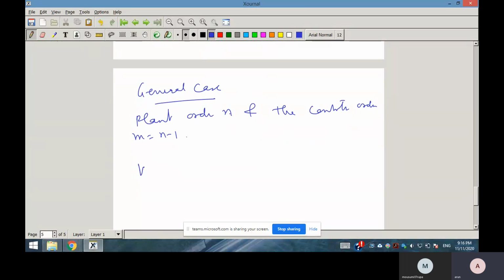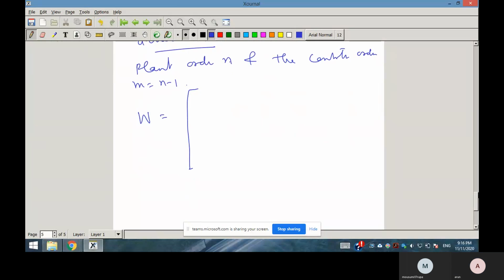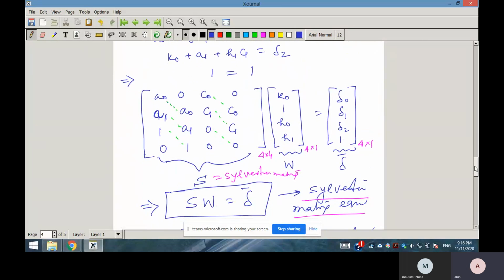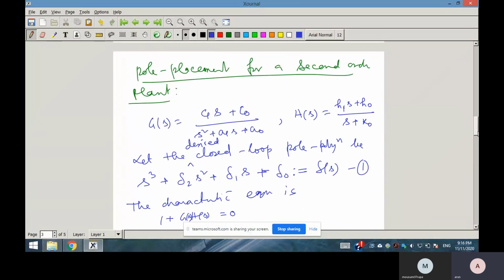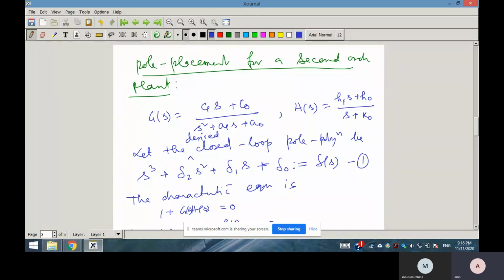Then W will be like this. You can easily see what the structure will be. So you can see what the structure is: A0, A1, then 1.